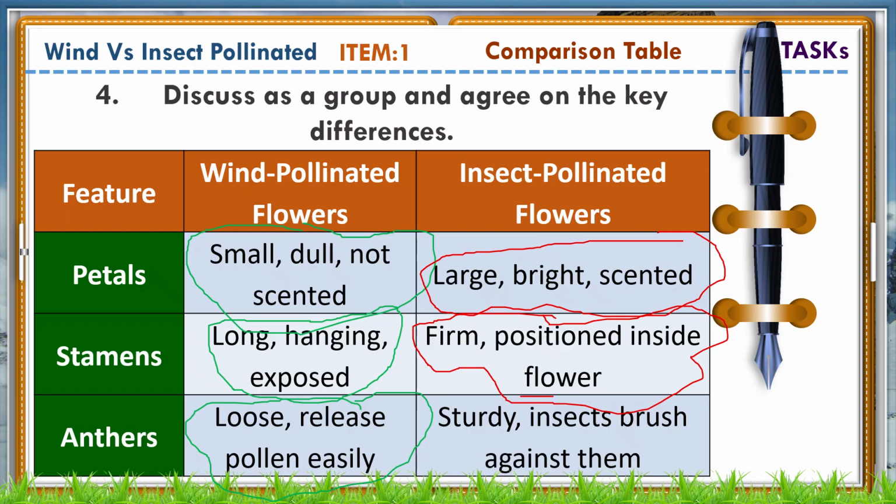Whereas if you look at the insect-pollinated anthers, you will see that they are steady, firmly attached. Insects brush against them so that they can pick the pollen from them and then transfer it to another flower.